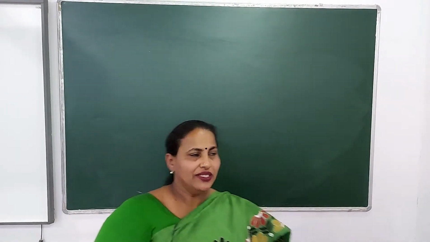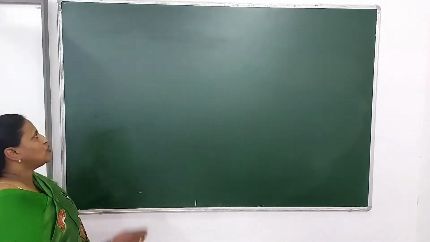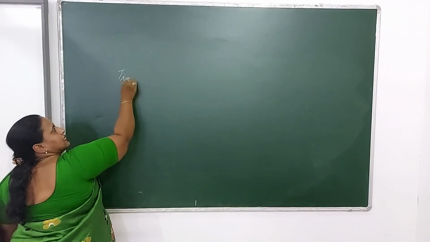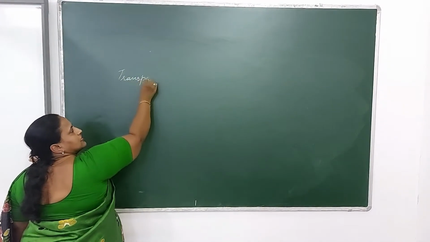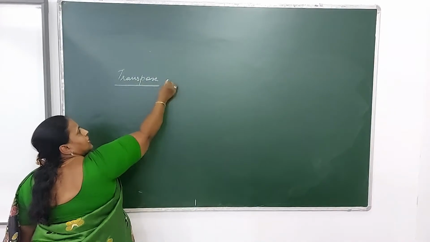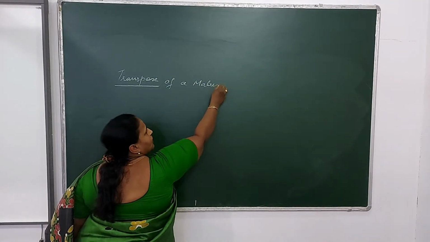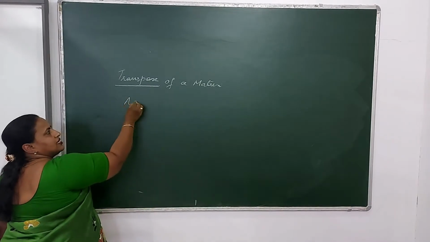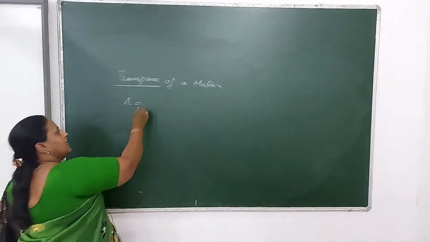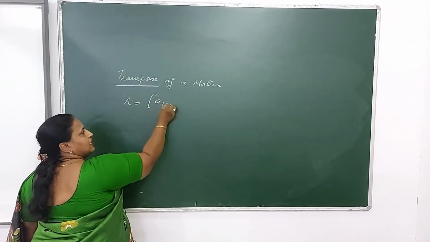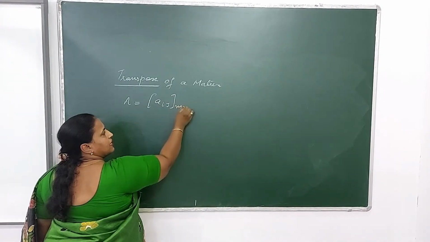So let us start with the transpose of a matrix, how it is obtained. Let A be a matrix of any order. So let us take matrix A as Aij of order m by n.